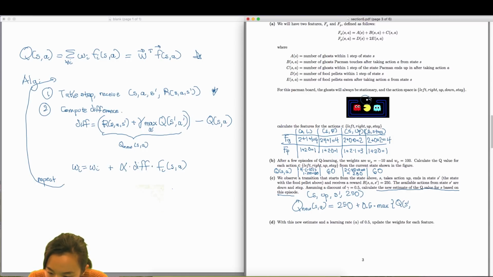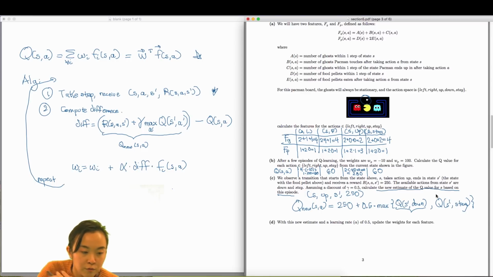So when you're in S prime, the available actions we're told are down and stay. So let's calculate each of these. We're going to be using the same formula that we used in part A and B, using these weights from part B.